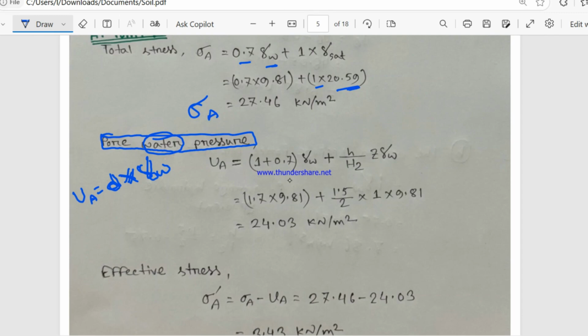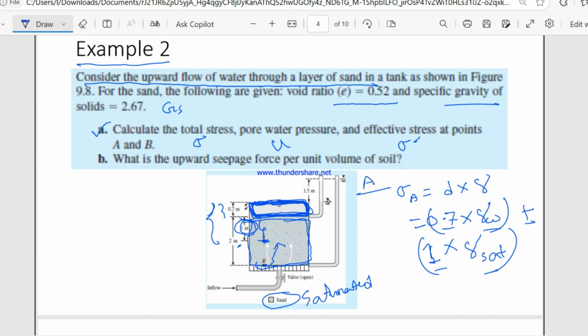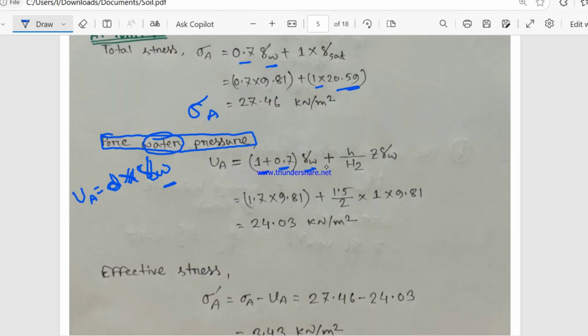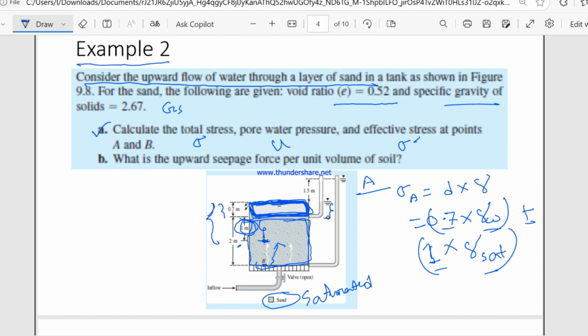So 0.7 plus 1 times the water unit weight. As there is water here also, this needs to be included, and that's why the formula will have plus h divided by h2 times Z times water unit weight. Here Z is the elevation.